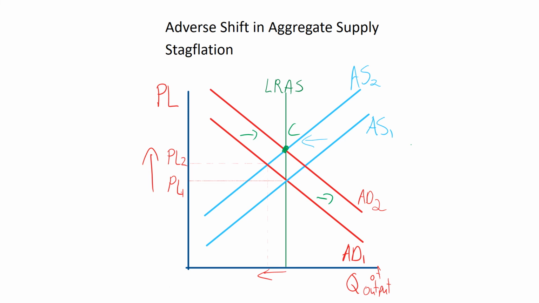They can make that happen faster than waiting the 5, 7, 10 years for the economy to correct itself, by boosting C, boosting I, boosting G, and X. But you'll notice that it's only at the cost of inflation. Yes, we will get back to full employment.